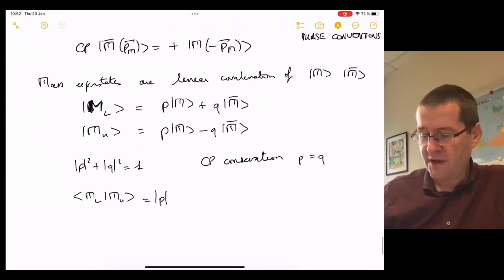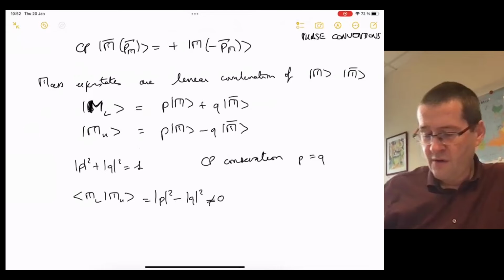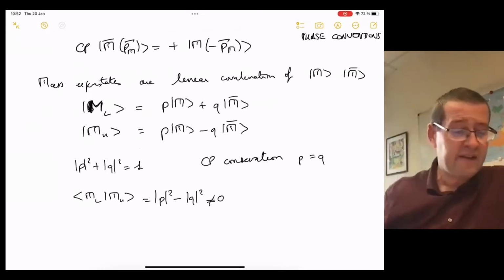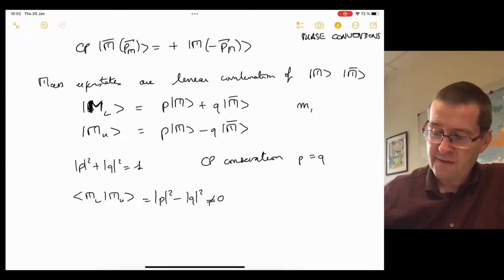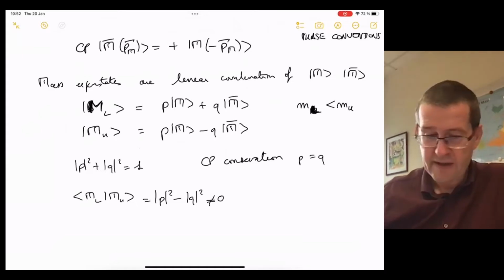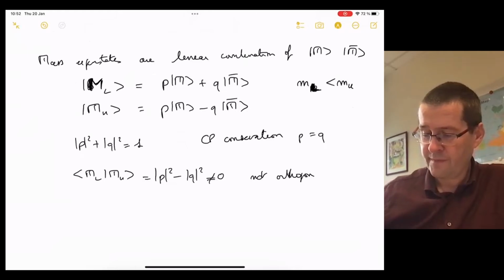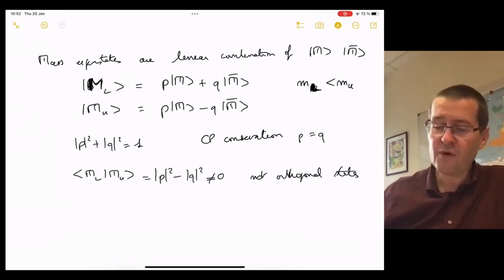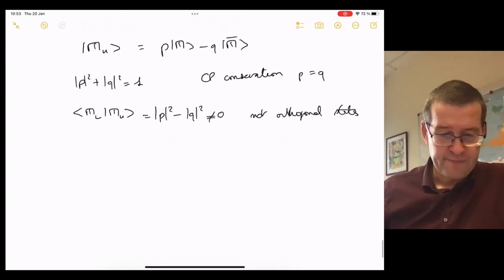But in general, you have P and Q which have phases, and here the definition is that the mass of the light state L is supposed to be lower than the mass of the heavy state. And the fact is that in general, they're not orthogonal states, which they would be in the situation where P equals Q.